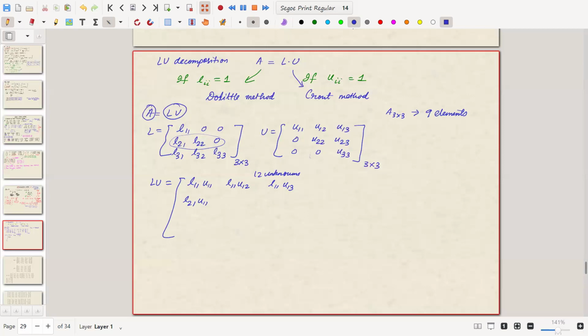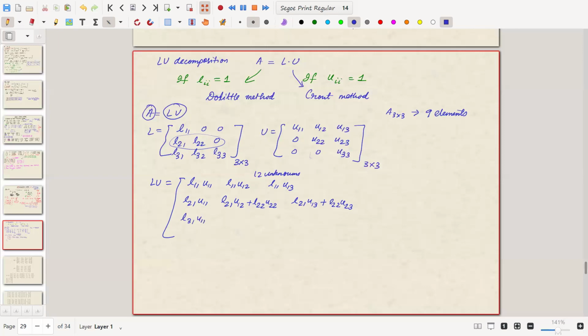Again, this row multiplied with the second column. Is it fine going? Okay. Now go to the next row: L31, U11, others are 0, so no effect.